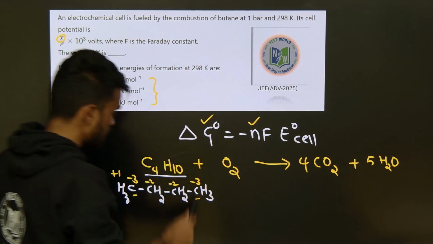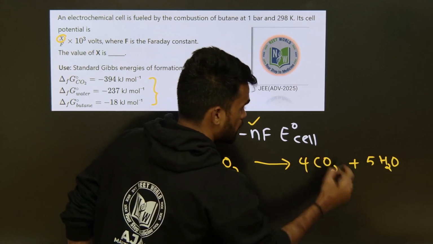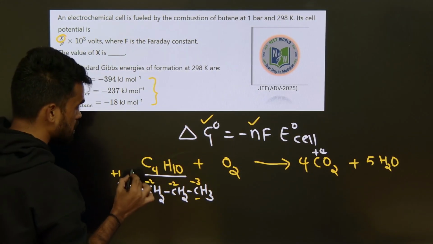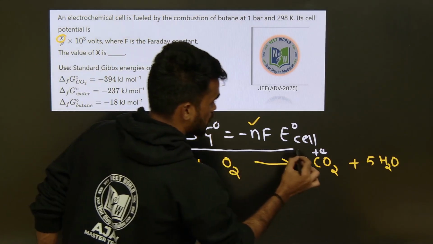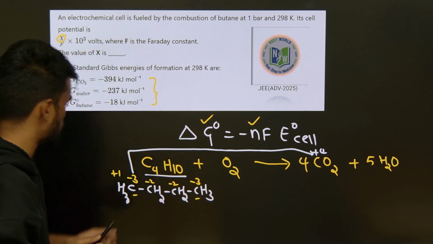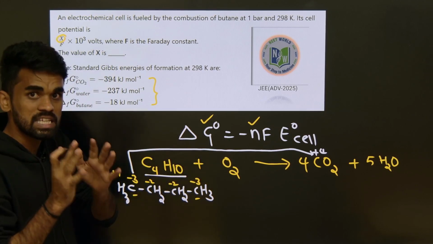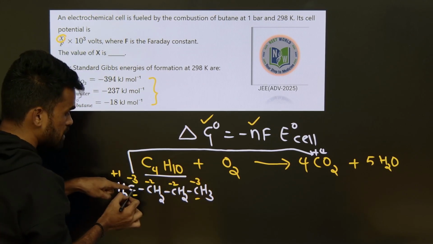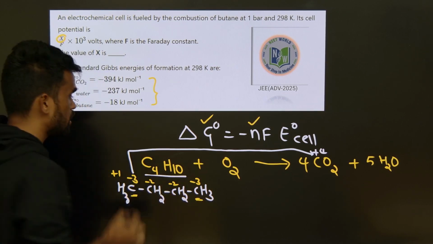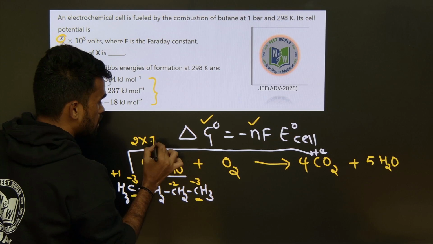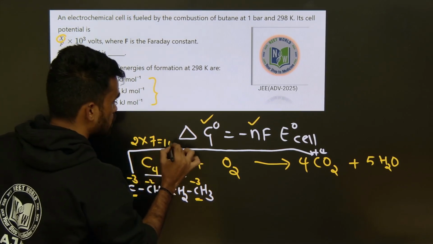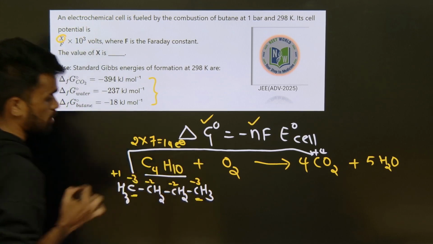Now these carbons are completely converted into carbon dioxide, which has +4 oxidation state. Whenever a -3 oxidation carbon is converting into +4, how many electrons are participating? From -3 to +4, a total of 7 electrons, for each terminal carbon. There are 2 carbons with -3, each having 7 electrons participating, so 2 sevens are 14 electrons for the 2 terminal carbons.